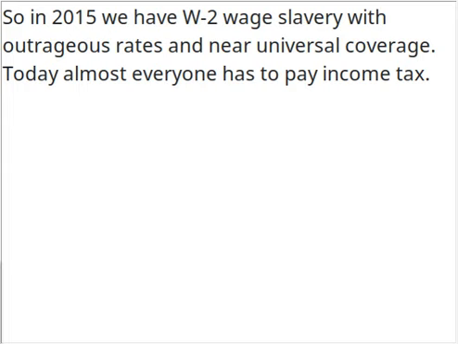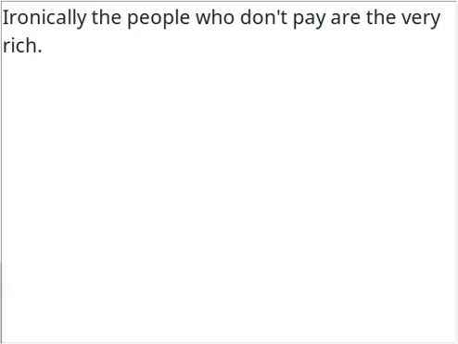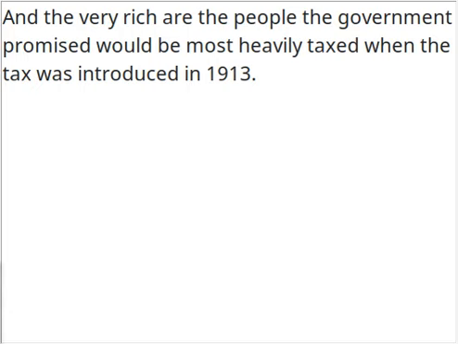Today, almost everyone has to pay income tax. Ironically, the people who don't pay are the very rich. And the very rich are the people the government promised would be most heavily taxed when the tax was introduced in 1913.